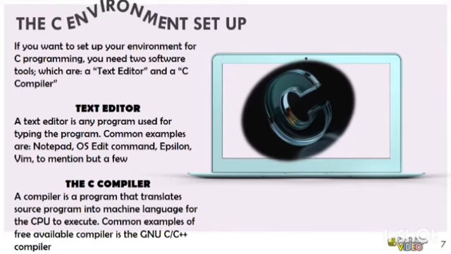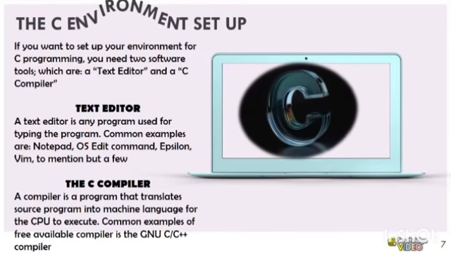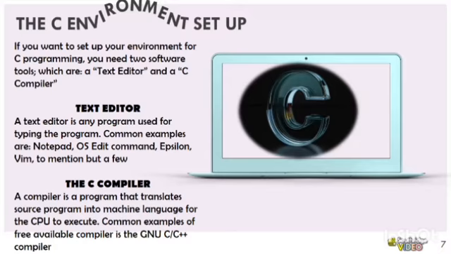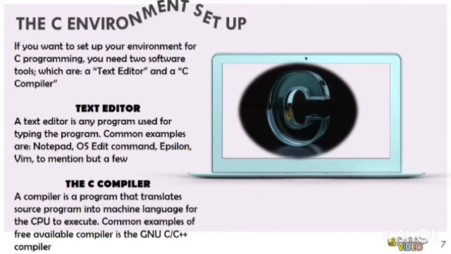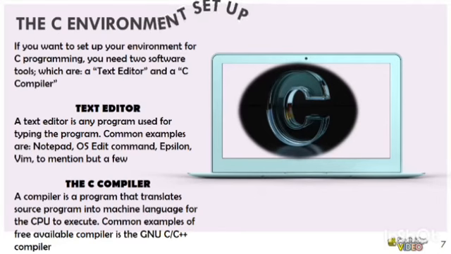The C compiler is the translator that will translate what I've typed as my raw file into machine understandable code, so that the CPU can understand it.